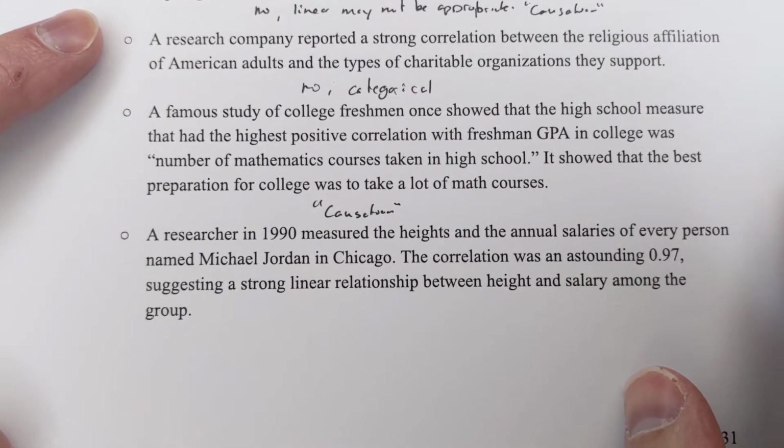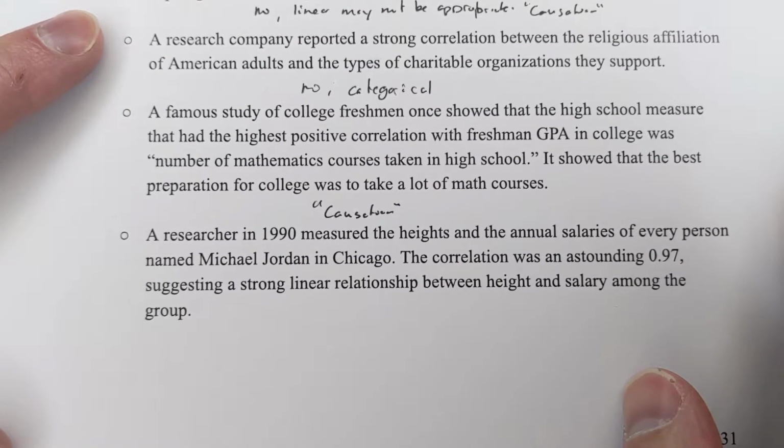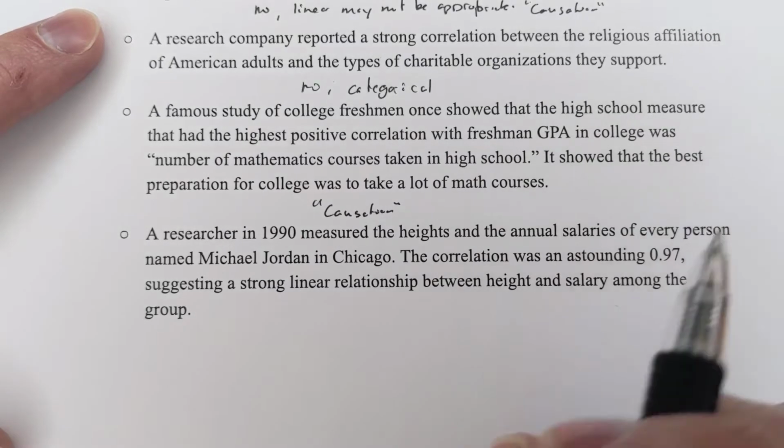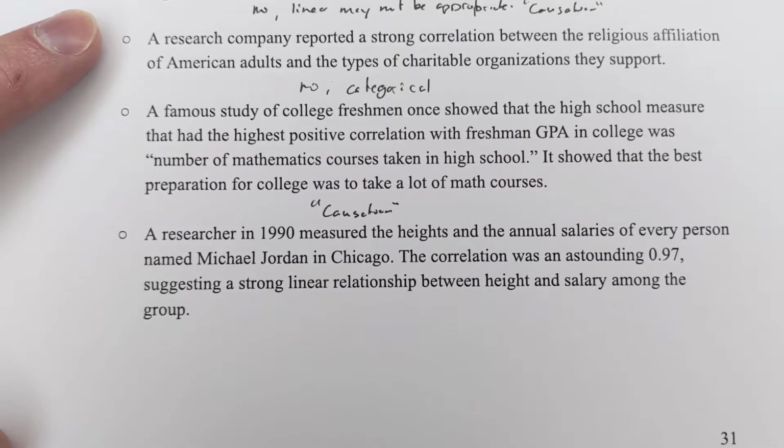All right, and the last one: a researcher in 1990 measured the heights and annual salaries of every person named Michael Jordan in Chicago. The correlation was an astounding 0.97, suggesting a strong linear relation between the height and the salary among the group.